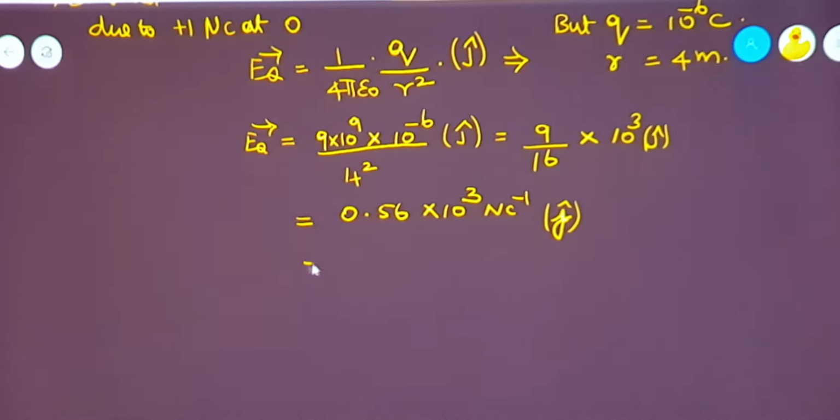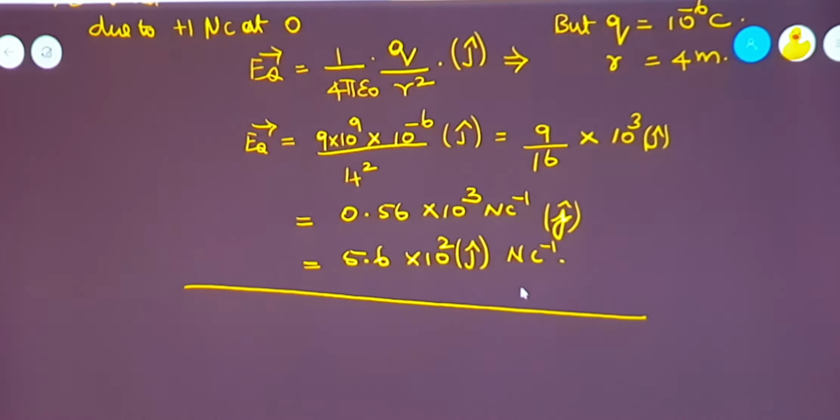You can write this like this. In SI unit, we will be writing 5.6 into 10 to the power of 2 along the J cap, along the positive y-axis, and the unit is Newton per Coulomb. So this is the subdivision A.